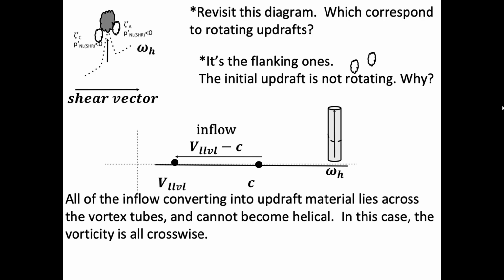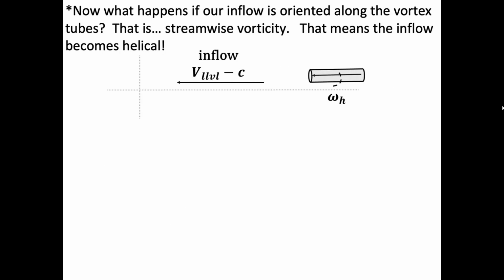The inflow is pointing from east to west, the horizontal vorticity is from south to north, and so all of the inflow that's converting into updraft material is lying across the vortex tubes and cannot become helical before entering the updraft, so all the vorticity is indeed crosswise.